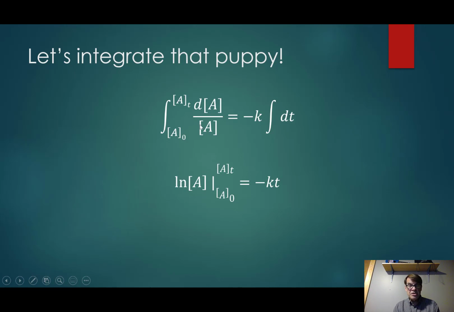And so this integral here is the natural logarithm of A from initial A to A at t. And so we plug in this one first, the natural logarithm of A at t, minus this one second, the natural logarithm of A sub naught, equals negative kt, and there you have it, quod erat demonstrandum. That's the derivation of this formula using calculus.